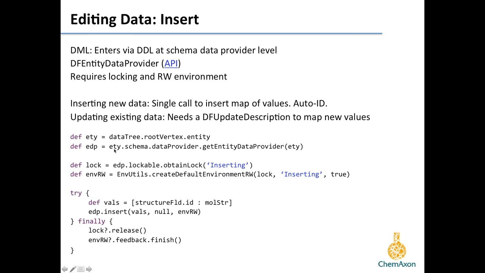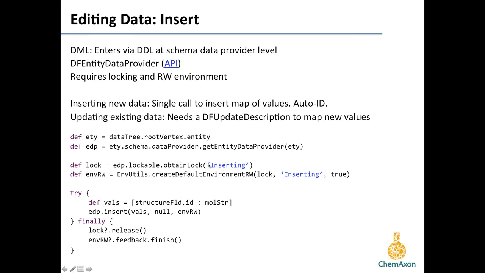So we're going to indicate that by taking our data, getting our data provider, which is the top level of the DDL, and that's where we enter with the DML, for get entity data provider for this particular entity that we've just indicated. So now we have an entity data provider and the entity itself that we can reference with these variables. So now we're going to create a lock. We looked at this in a little more detail in the previous webinar, so I'll just gloss over it.